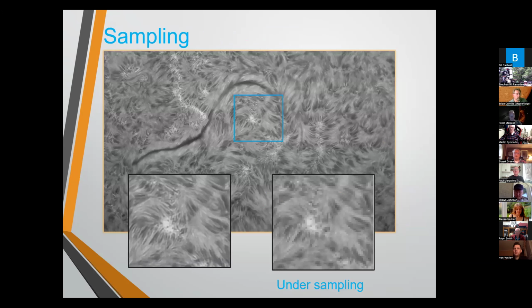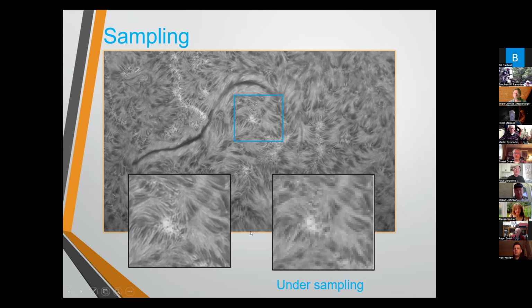Which gets us into sampling and the idea of critical sampling. I assume everybody's familiar, but maybe not everybody understands what it means when it comes to critical sampling. So I've tried to explain that here. So this is an image of the chromosphere in hydrogen alpha, and with the right camera, with the right pixel size for this image scale, then you capture the details.